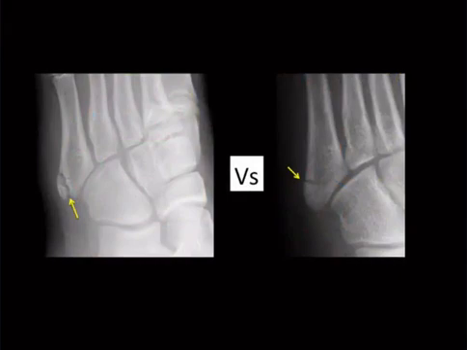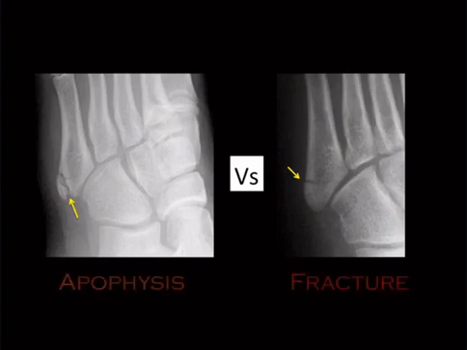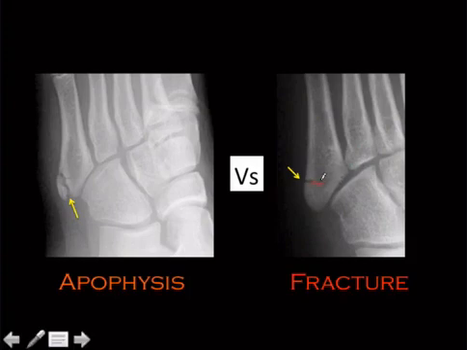All right, so this is a classic this versus that. We're looking at the base of the 5th metatarsal here. What about this guy here? Is that a fracture? No. The way that I remember this is fractures are directed towards the joint.